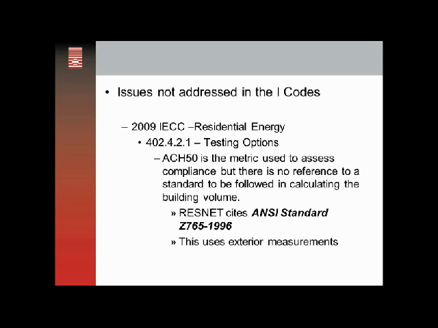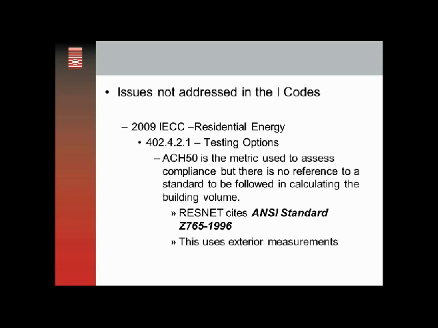ACH 50 is a volume-based metric, and as such, someone will have to calculate the building volume. If you're looking at getting into this, you may want to address these issues in advance with either your builder or the code official.